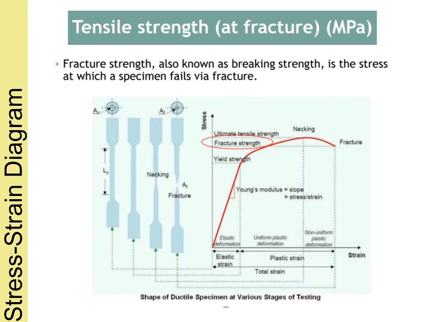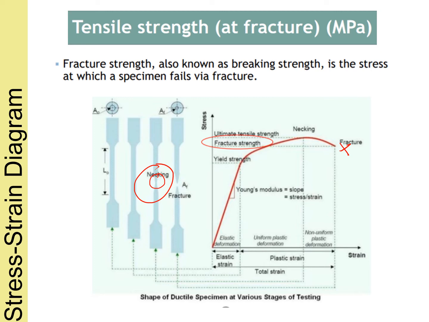The fracture strength, also known as the breaking strength, is the stress at which a specimen fails via fracture. Before the fracture, necking occurs at the ultimate stress. The cross-sectional area begins to decrease more in a localized region, concentrated in one location only.